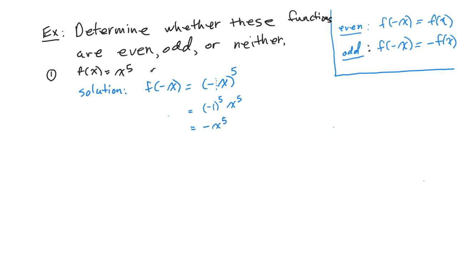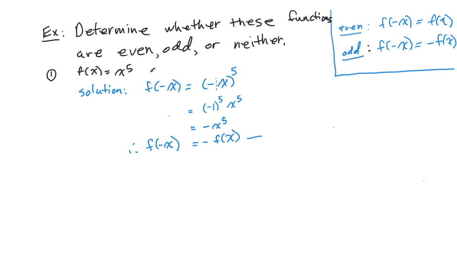And we know from our original equation that f(x) is equal to x to the fifth. So this is really -f(x). So therefore, f(-x) is equal to that.